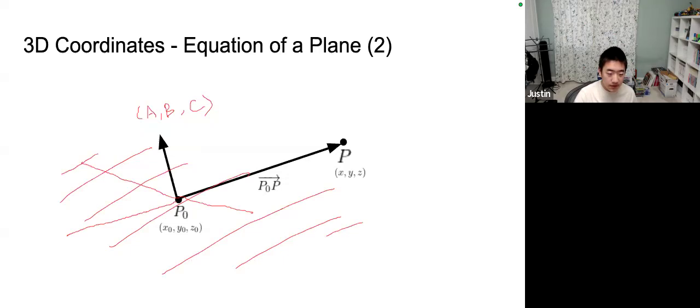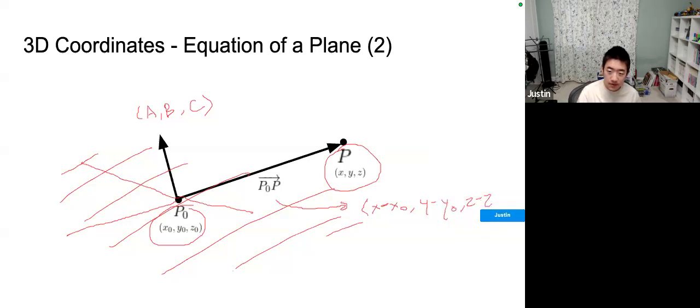Also, we have points P0 at (x0, y0, z0), and P at (x, y, z). We can find that the vector pointing from P0 to P has components x minus x0, y minus y0, and z minus z0.